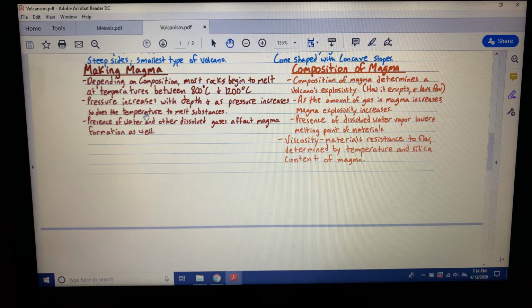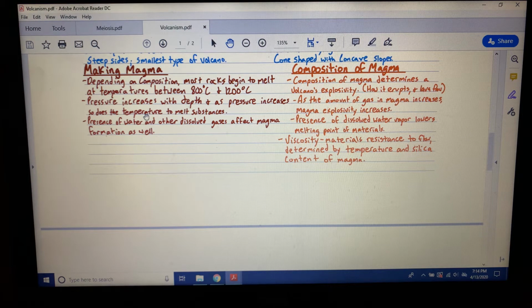And so as pressure increases, so does the temperature to melt the substances. Ones that are more towards the surface are easier to melt. Ones as you go down are harder to melt.